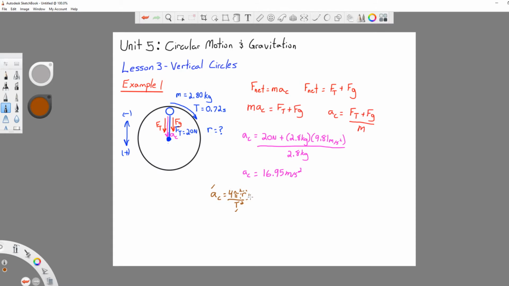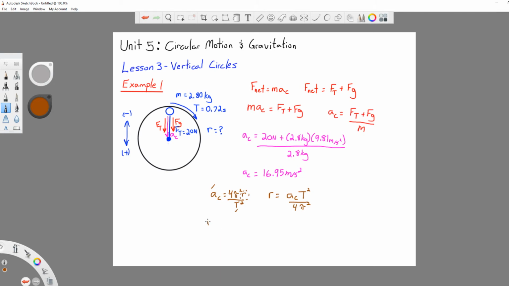And 4 and pi are just absolute values, so they're not going to be changing anytime soon. We can rearrange this for radius, and we can figure out that radius is equal to AC times t squared divided by 4 pi squared. Okay. Realistically, we plug numbers in now and we finish this off.